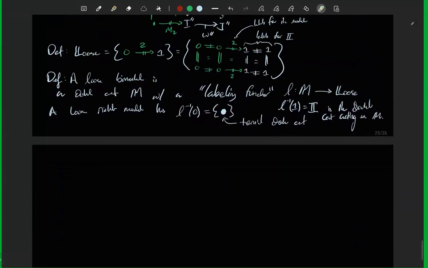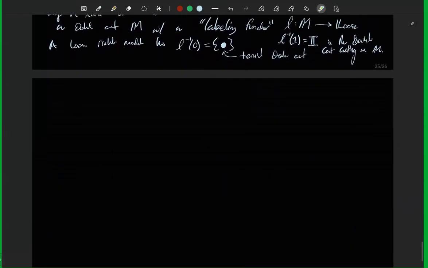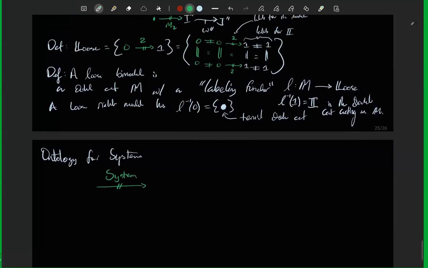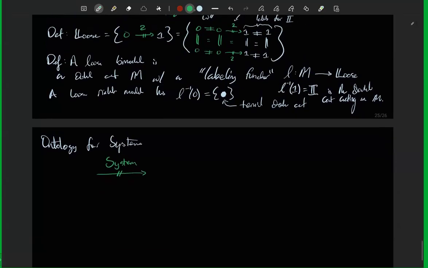So this gives us a very nice ontology for systems. So this is our ontology for systems, which is just the double category loose, but with other names. Here, system, which is up there, would be 2. We have here interface.